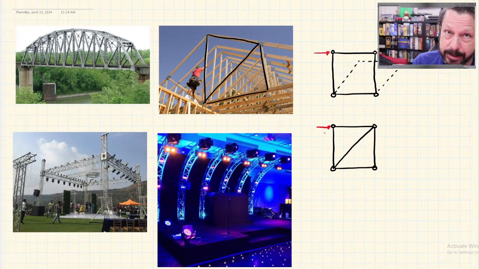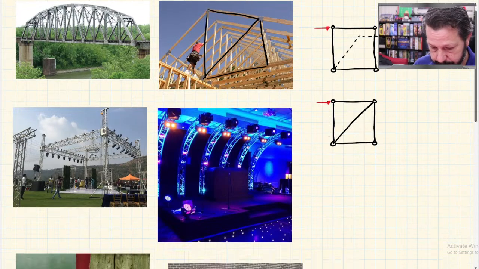Now it could change its shape if it broke one of the pins or one of the members, but a triangle is stable. It's got three sides, three joints, and it can't be reformed without breaking something into any other shape. So that's why all the trusses are triangulated.